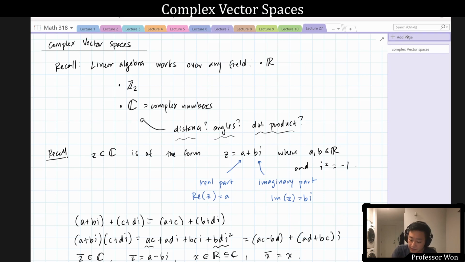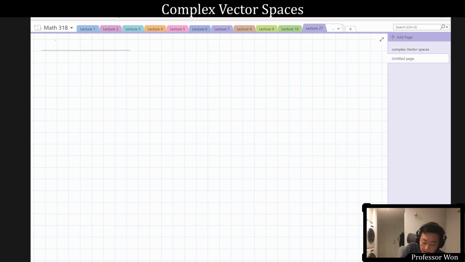Okay. Now the standard way to visualize C is as a two-dimensional vector space over R, which it actually is, by the way. I should say, maybe this is worth commenting, that as an R vector space, C is two-dimensional.